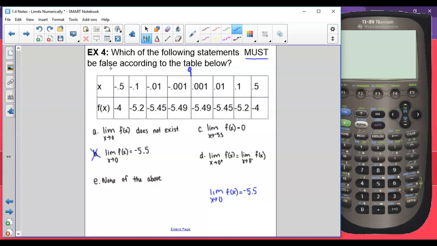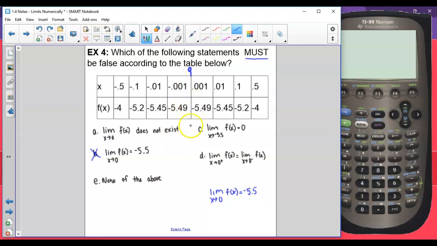Now, we must decide whether the others must be false. So it looks like the limit as x approaches 0 of f of x is -5.5 or somewhere around that for this problem. However, it does say that the limit as x approaches 0 of f of x does not exist. Now, we don't really know what happens as we get closer and closer to 0.